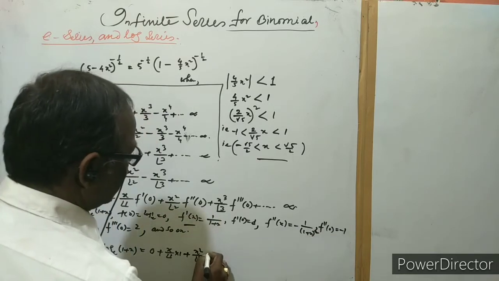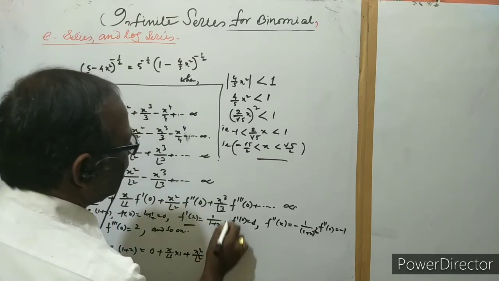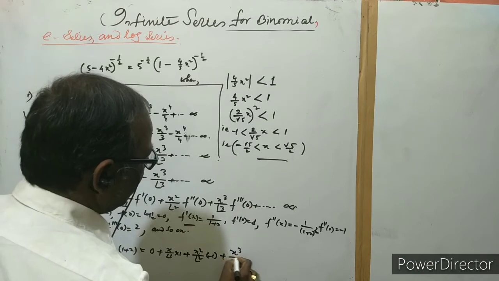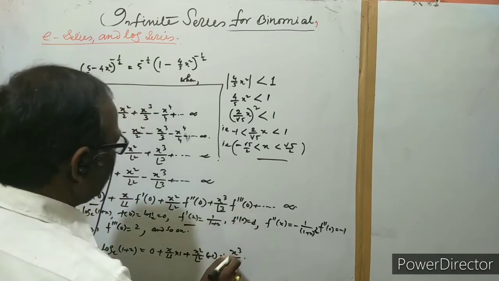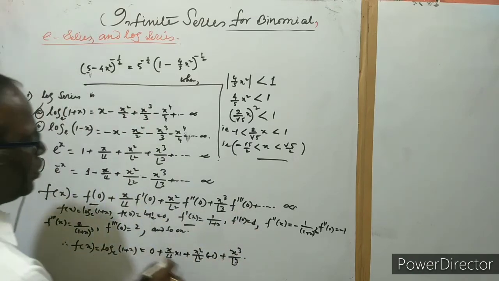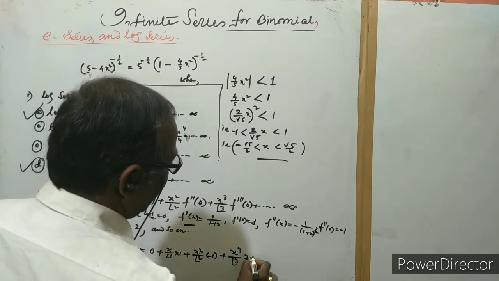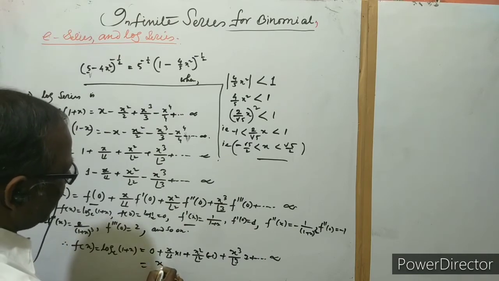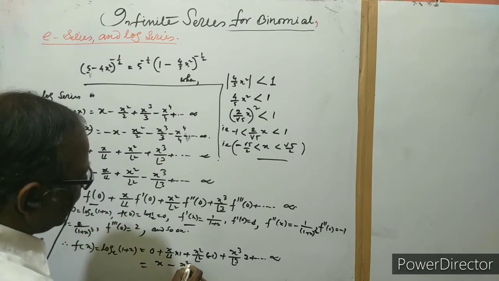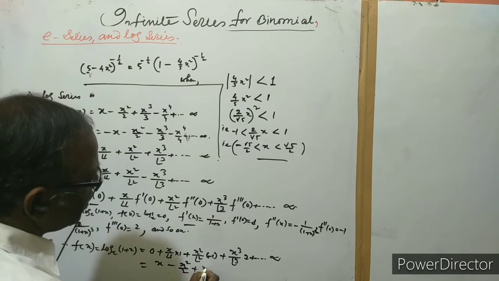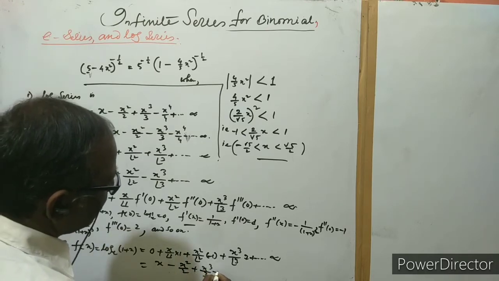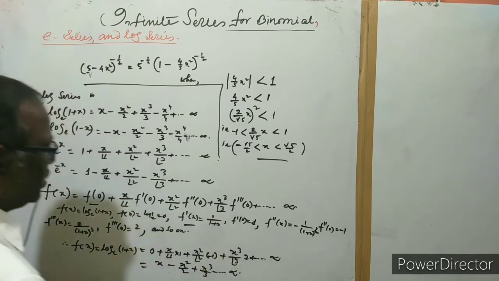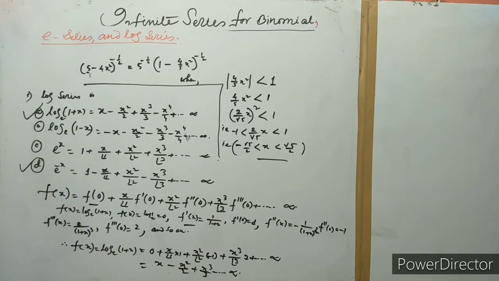Now x cube by factorial 3, f triple dash 0, which means 2. Like that. So this is equal to x minus x square by 2 plus x cube by 3. So this is the logarithm series. See carefully, this is the expansion of that.